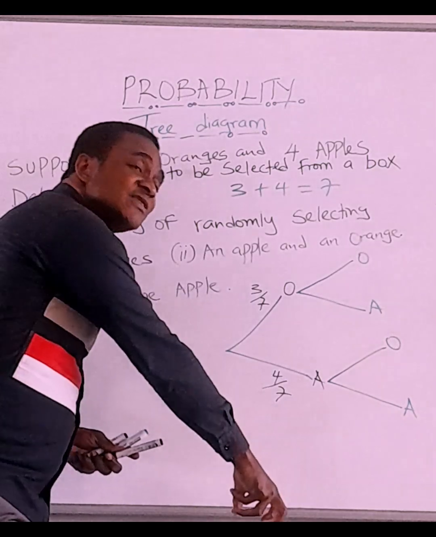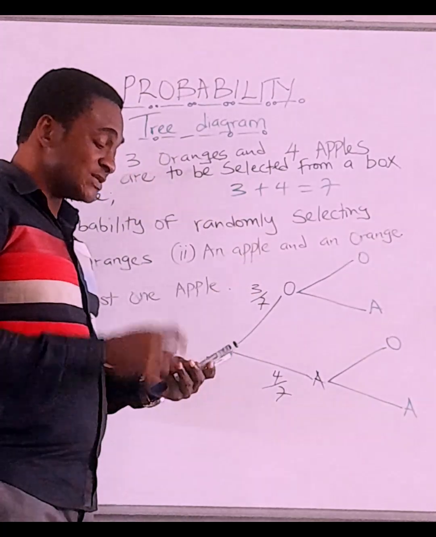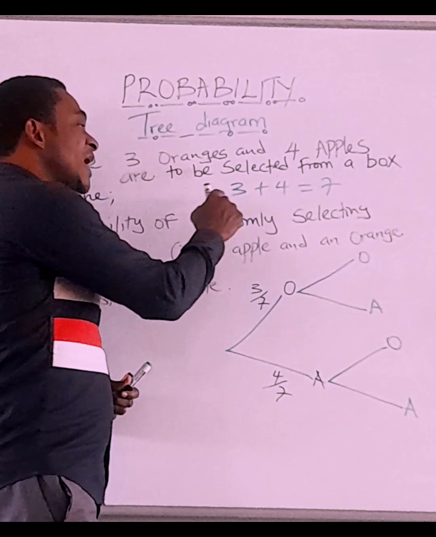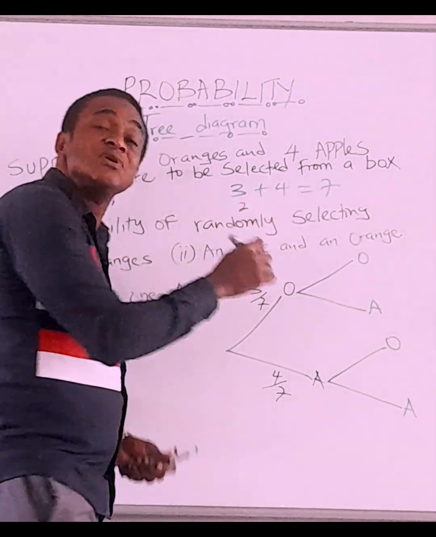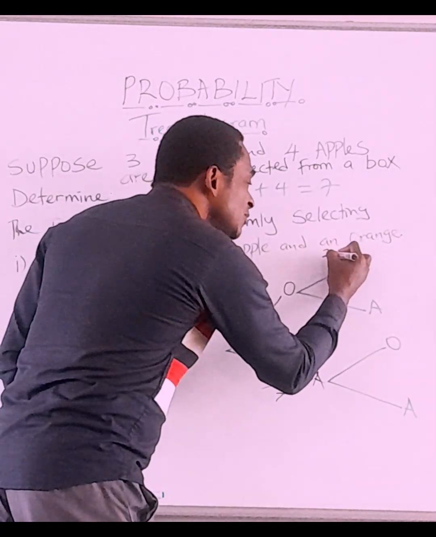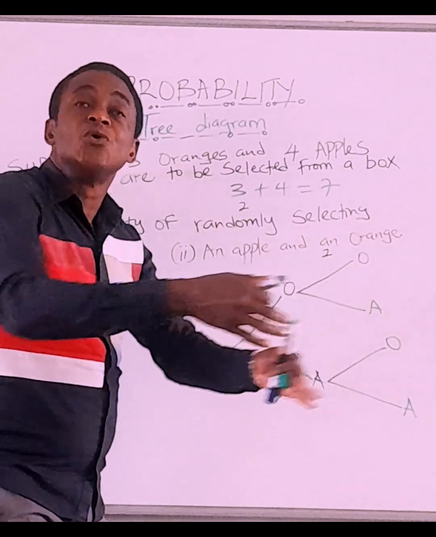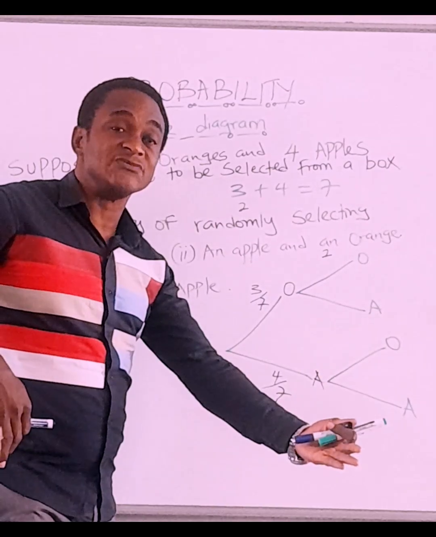If I select the first one and it is an orange, out of 7 items, this is what happens. If I select an orange, that means I have 2 left in the box because I've taken 1 orange. So the number of possible outcomes for orange for the next draw will be 2, because for the first draw I took out 1, so I have 2 left.